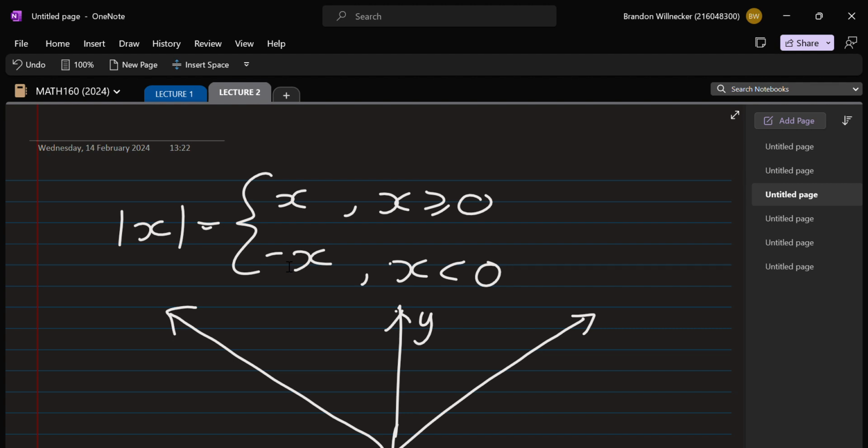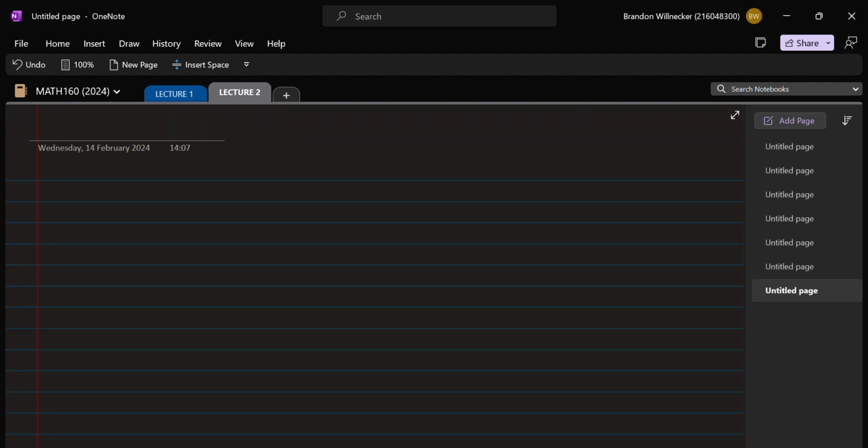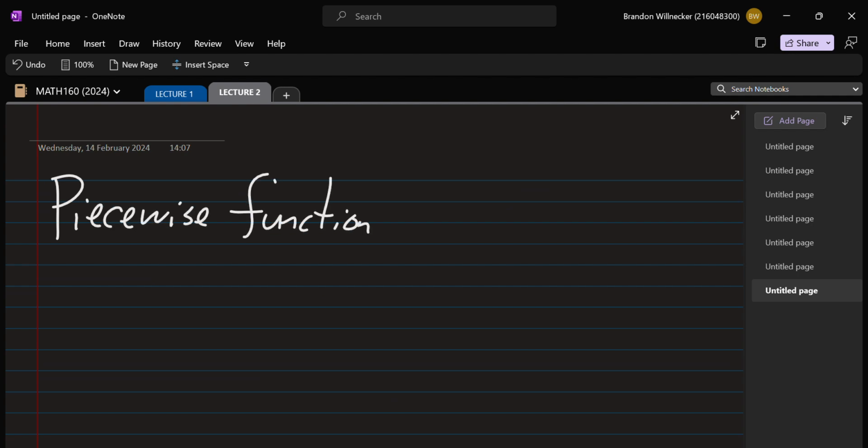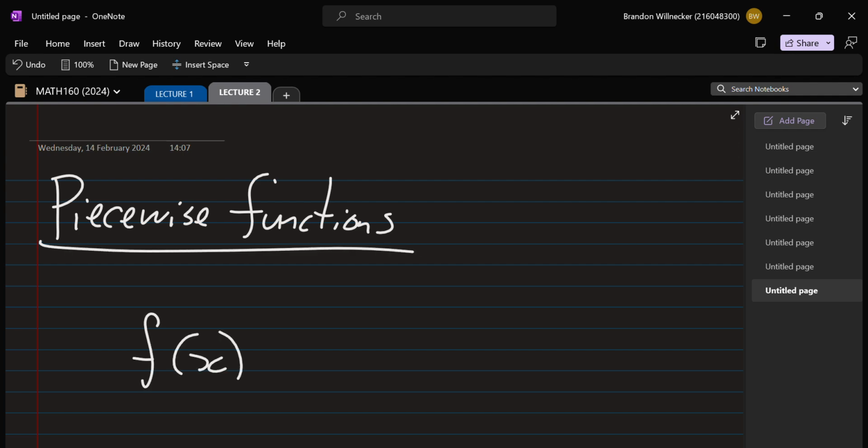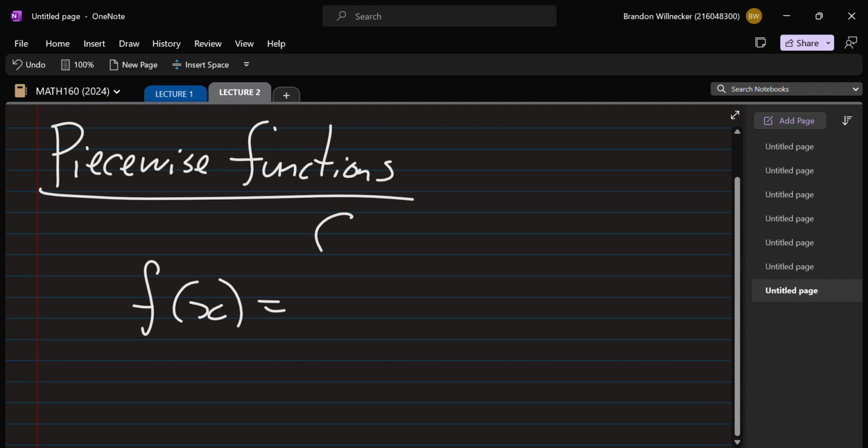Make sense? Okay. Let's do a quick summary of what we did today, and then we can go. Okay, so piecewise functions. Given some function f as a piecewise function, it is made up of some number of rules on their domain.